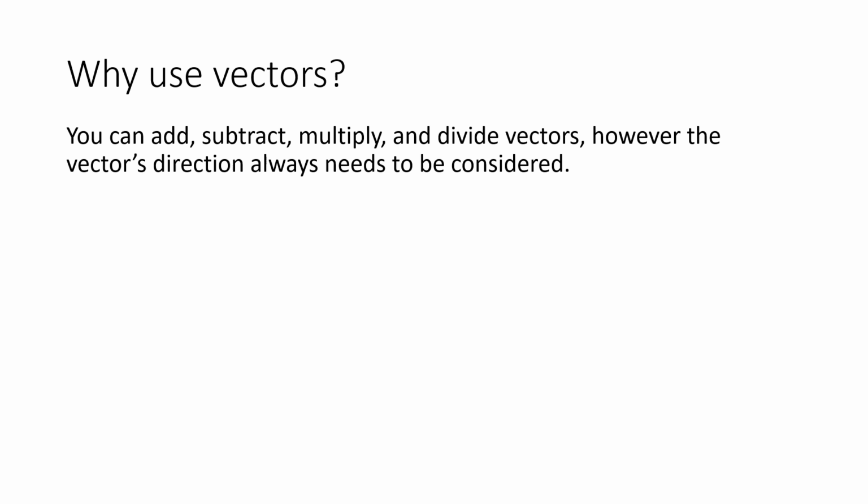So the directions are important. I'll cover that in just a bit more. Okay, so we can add, subtract, multiply, and divide vectors. It'll be useful if we can learn how to do that.